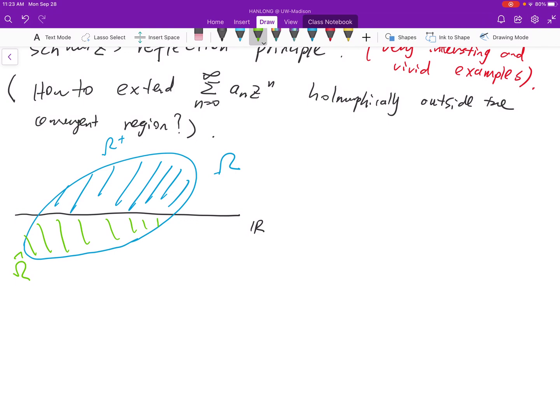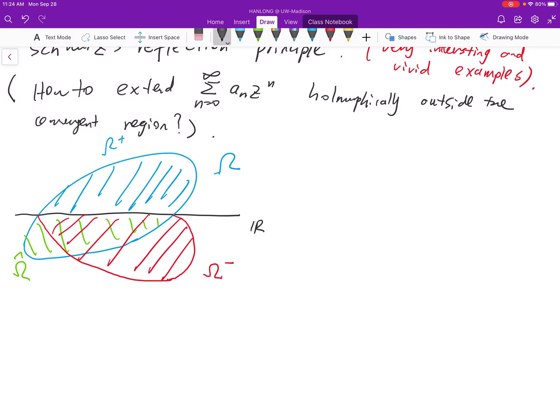And then what we want to do is reflect the upper half to the lower one along the axis. We call this omega minus.